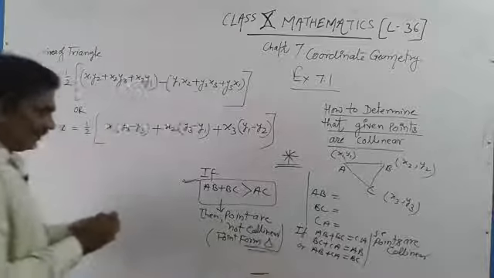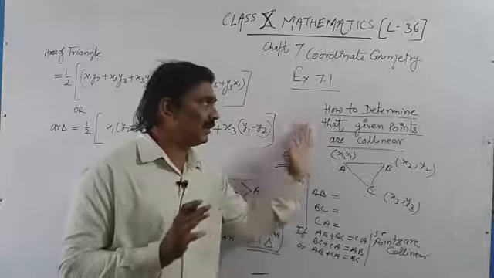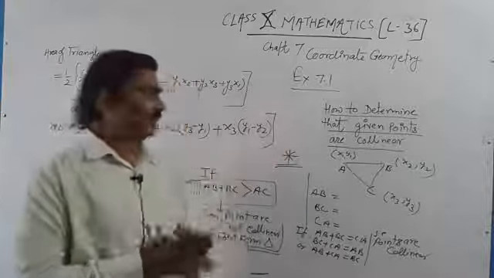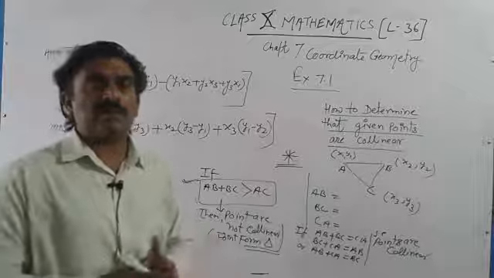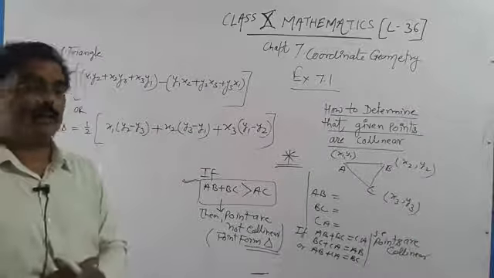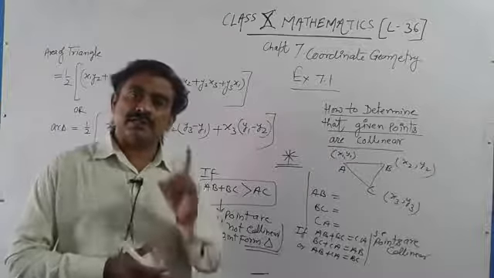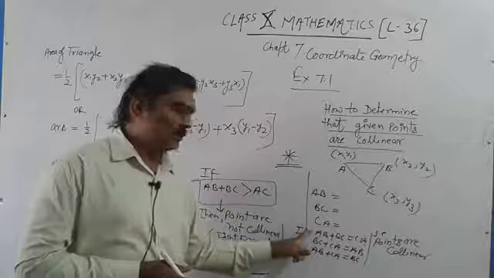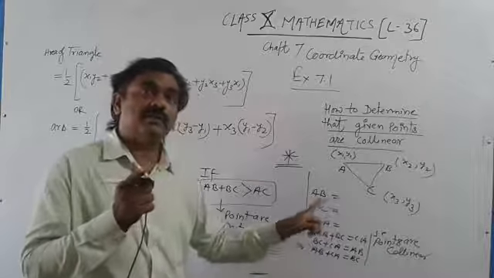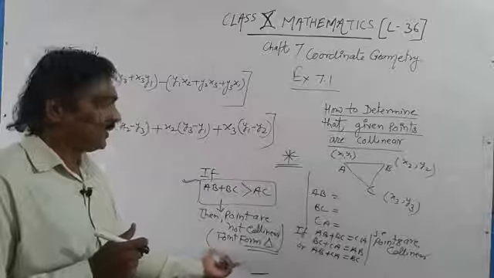So students, always remember if you are given 3 points and you are asked to determine whether the points are collinear or not, first of all assume the points ABC or PQR etc. Then find distances AB, BC, CA using the distance formula. Then justify your answer. If the sum of two sides is greater than the third side, then the points are not collinear.